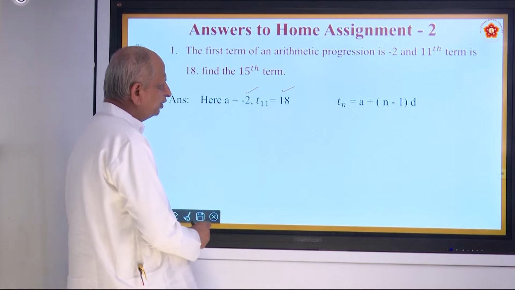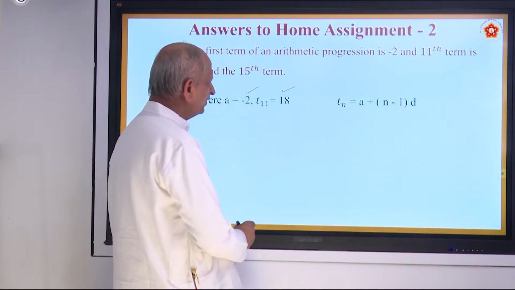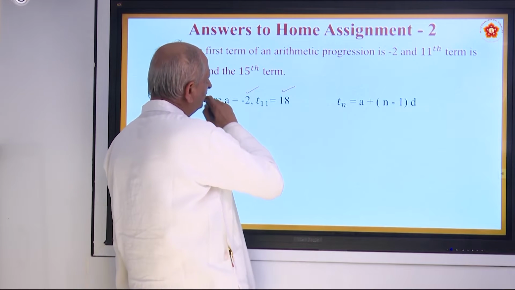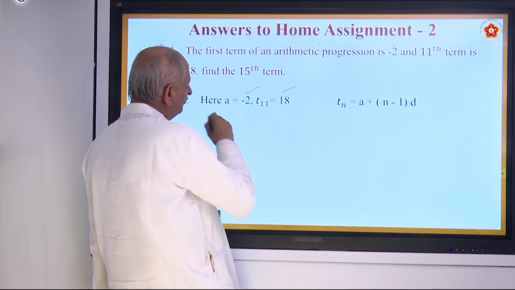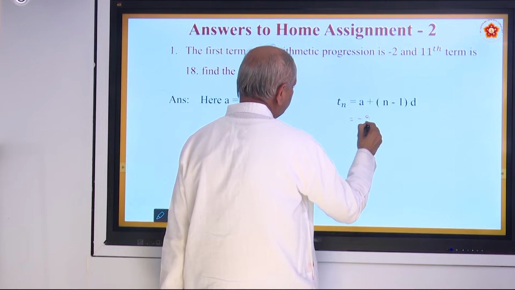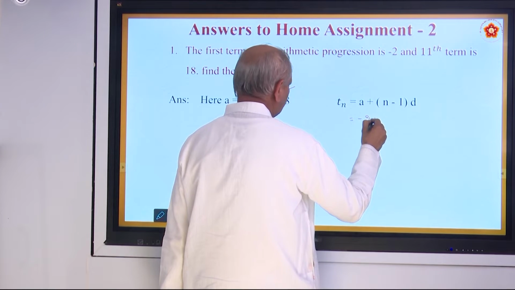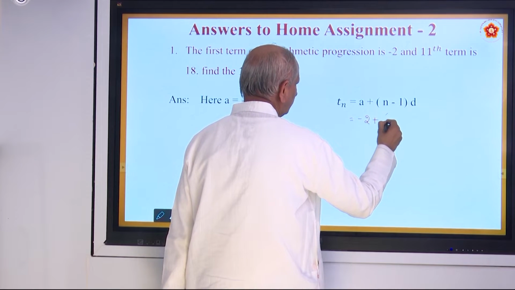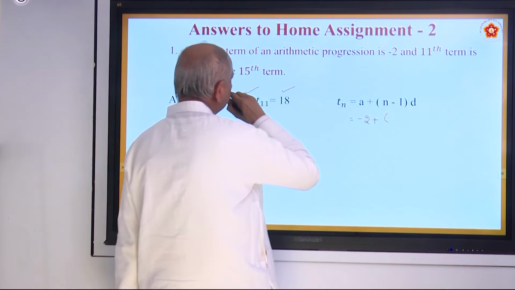So Tn is equal to a plus (n minus 1) into d. Here the first term is -2 plus (n minus 1).